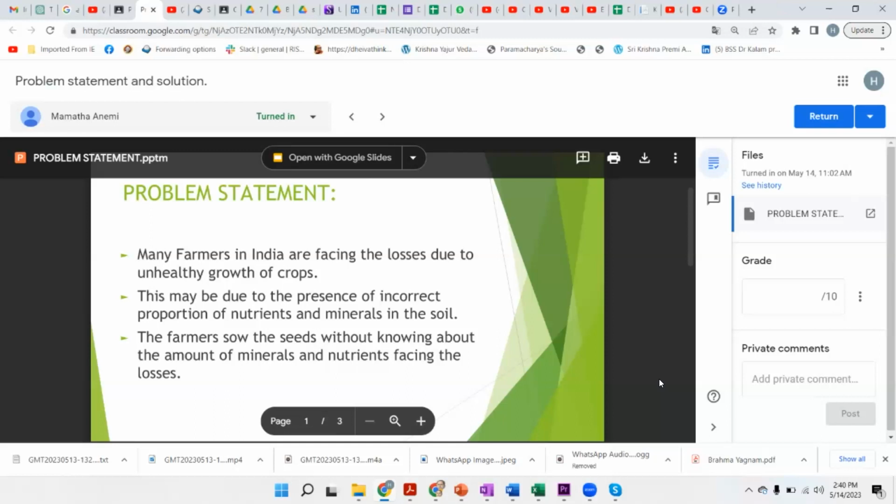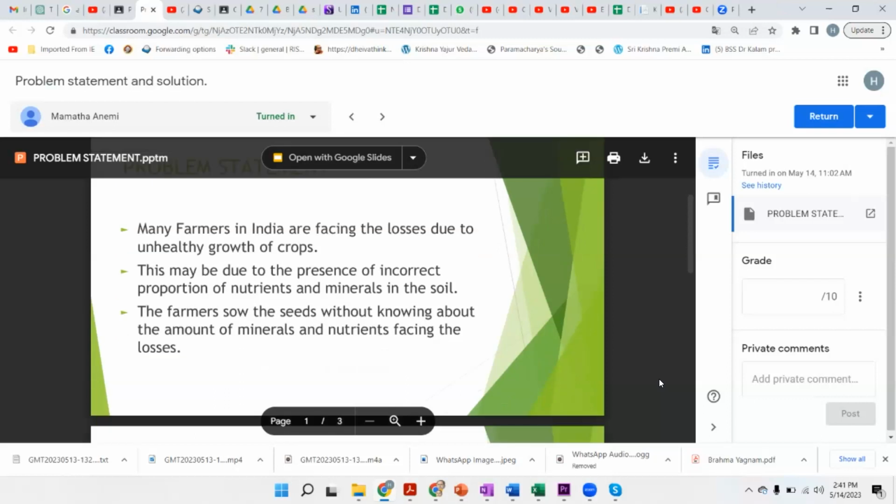So, I think a product which can detect the amount of nutrients, minerals, and moisture, and what is needed for the growth of the plant. If it shows the content, the farmer comes to know how much minerals and nutrients are present, so he can grow the crops accordingly.